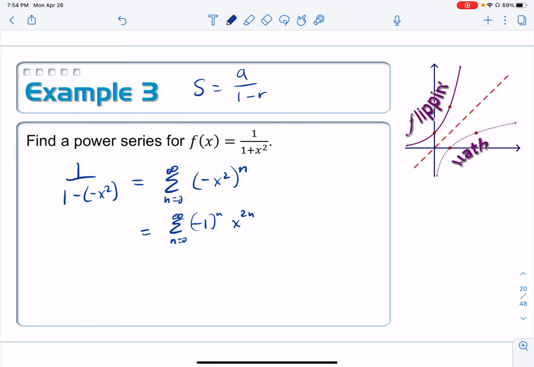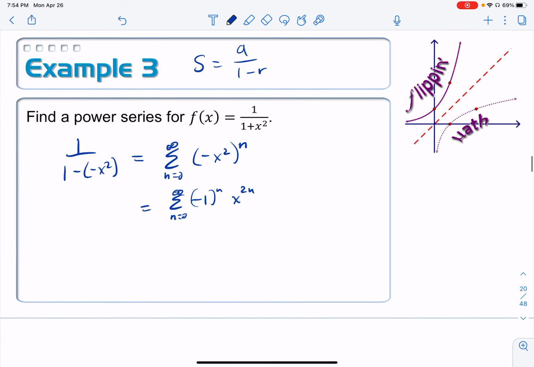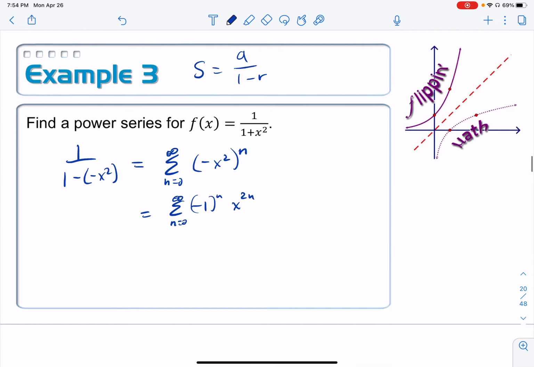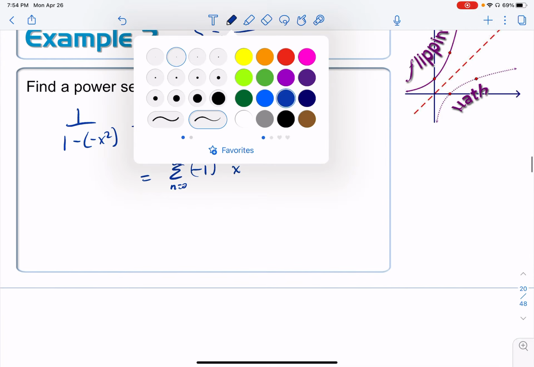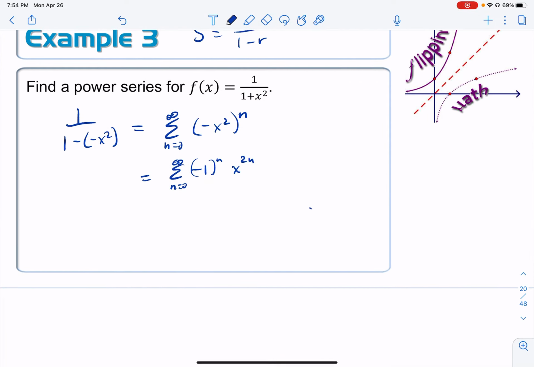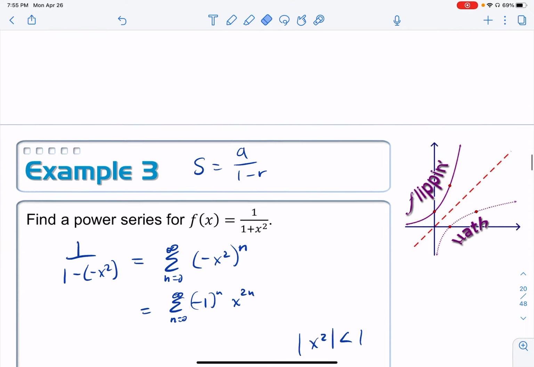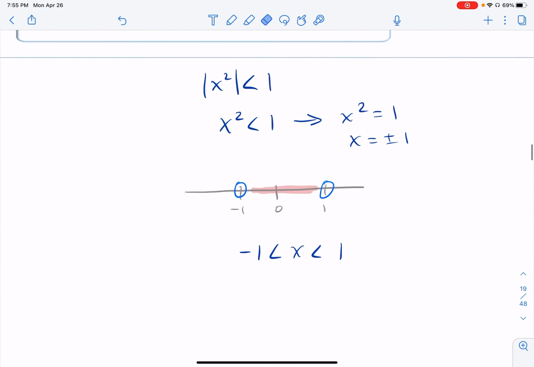So radius of convergence, well, we sort of almost already did this on that last one. Did I say radius? I actually want the interval of convergence. If you take the absolute value of that common ratio, force it to be less than 1, well, take away the negative sign because the absolute value is going to make it positive, and then it turns into what we just solved there.